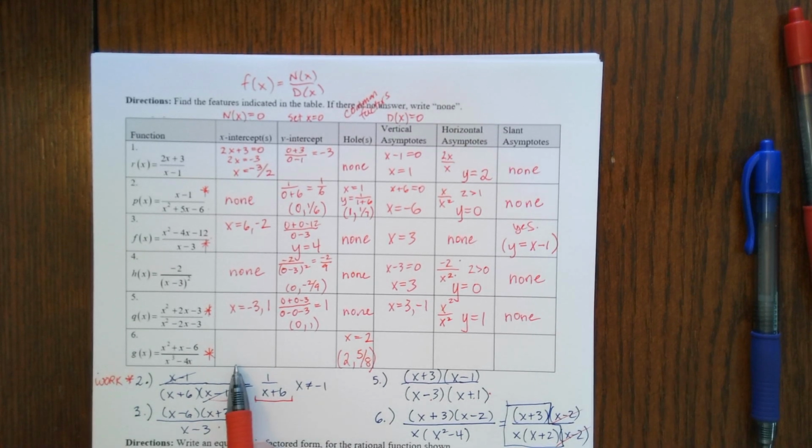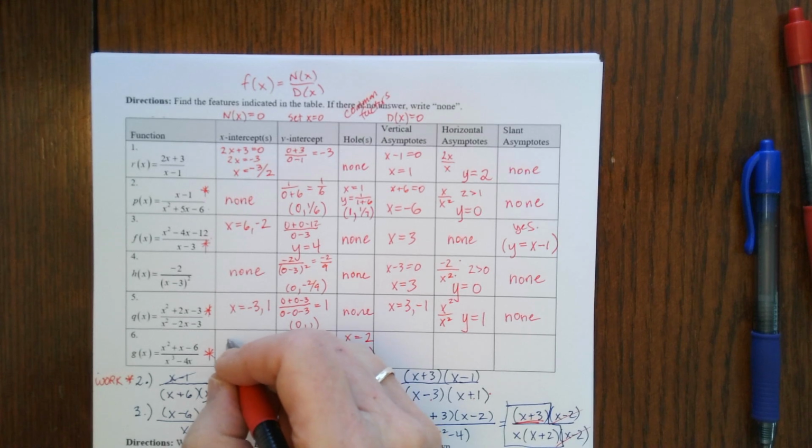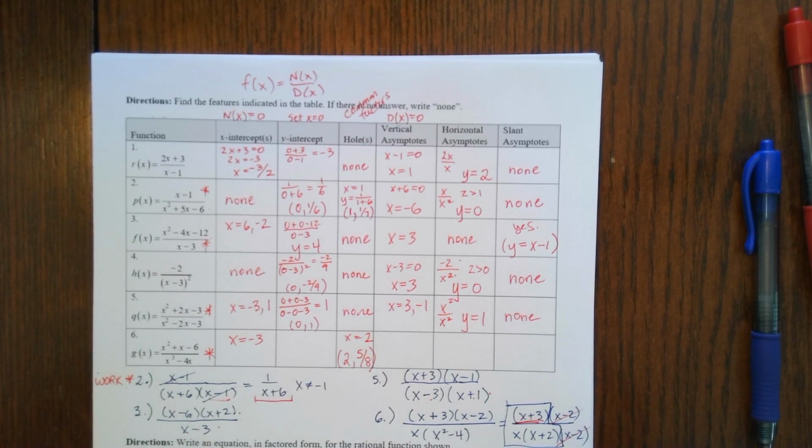Okay, I'm back here. X-intercepts for problem 6. That's when the numerator is 0 and there's not a hole. So that means we're going to look at x plus 3, so x equals minus 3.